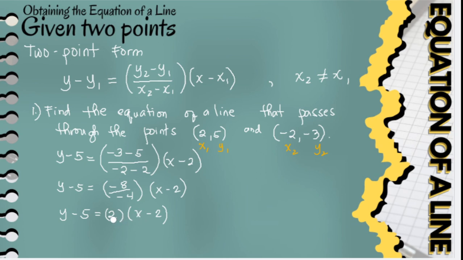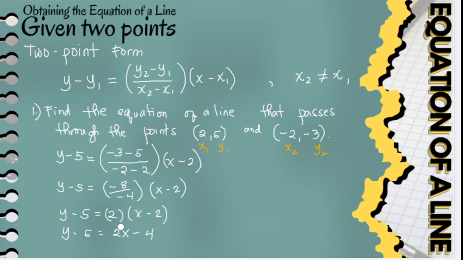Then distributive property of multiplication over addition, we're going to distribute 2. So 2 times x is 2x. 2 times negative 2 is negative 4, right?